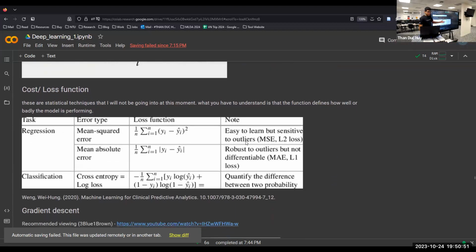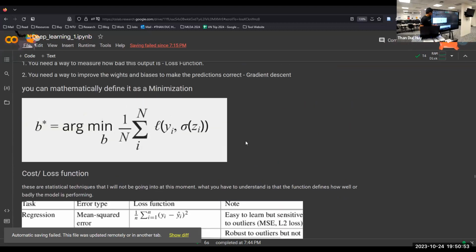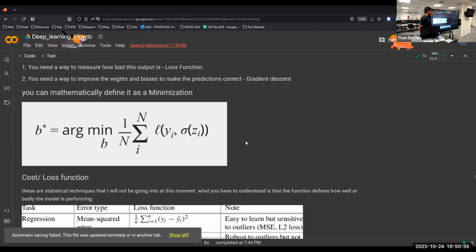So what is a loss function? What is the big N? Big N is the total number of data points. This essentially measures the loss over the total number of data points.